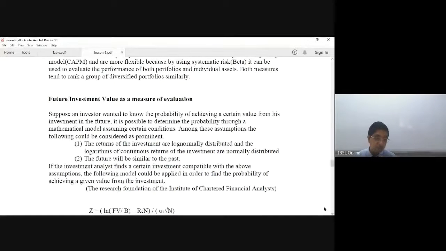They are the people who invented this model. Their research foundation was a reputed one, and because they applied statistical and mathematical equations and analytical methods, they came up with this model.